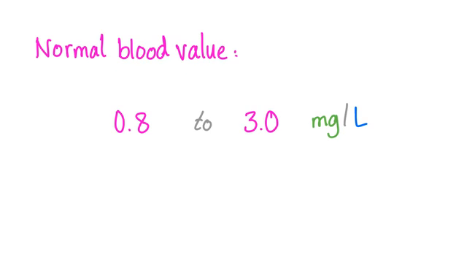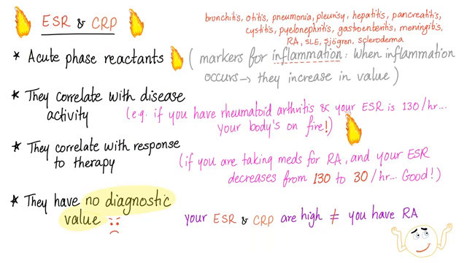What's the normal blood value? 0.8 to 3 milligrams per liter, not per deciliter or milliliters, per liter. Do we ever care about low CRP? No. Do we care about high CRP? We could. ESR and CRP, acute phase reactants, markers of inflammation. When inflammation occurs, they increase in value in the serum. But they are not specific.